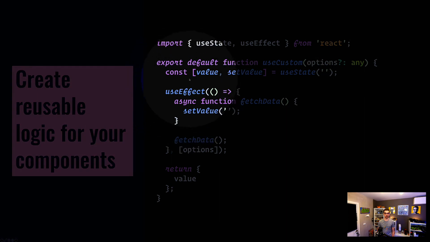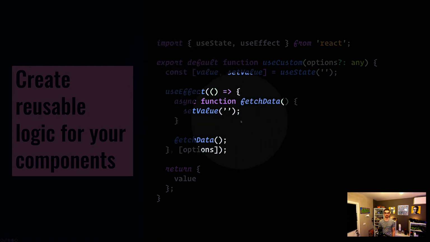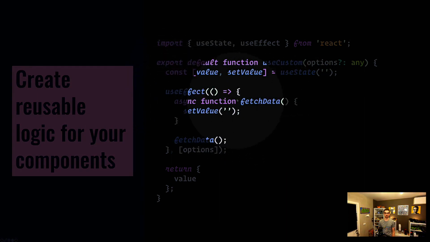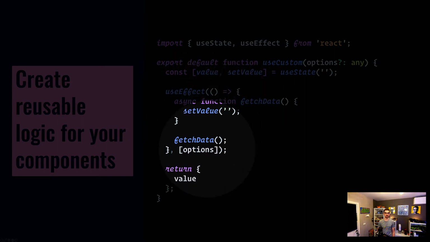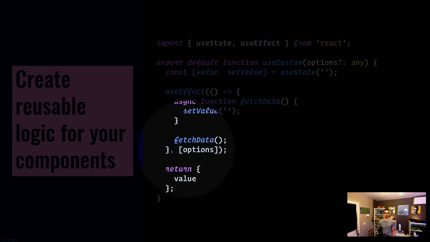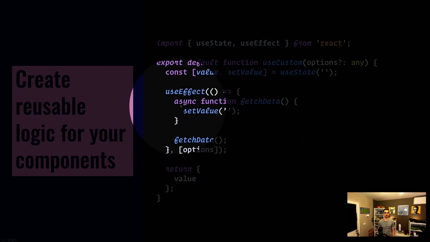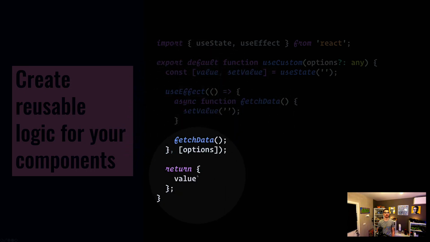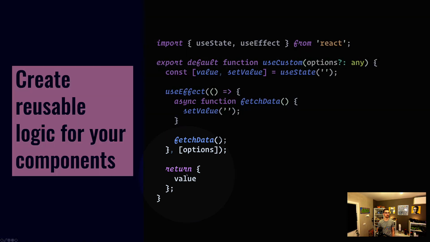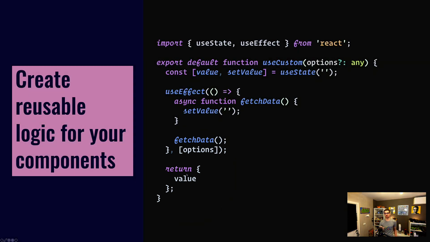In here we use an effect, and also here we have the fetch data. So you see fetch data gets called, and every time the options change, it will re-evaluate the use effects. So it will re-fetch the data, and at the end I'm going to return the value. And this value is the value that is actually going to be used inside your component.